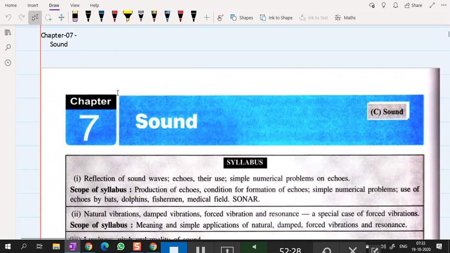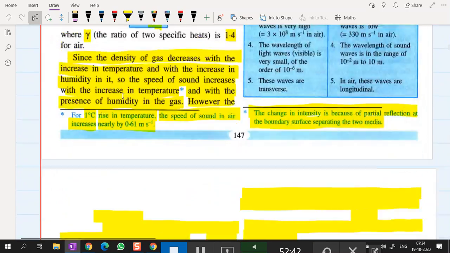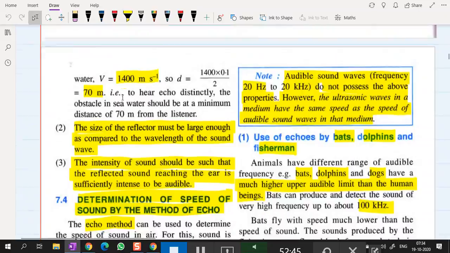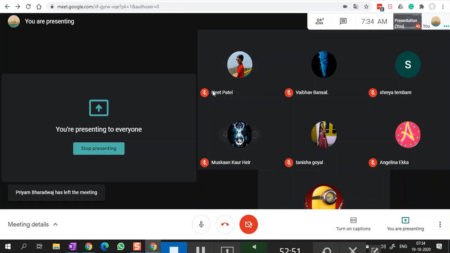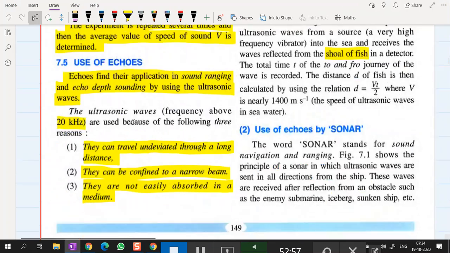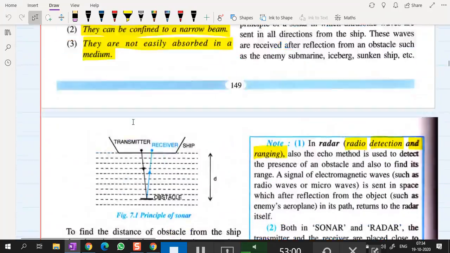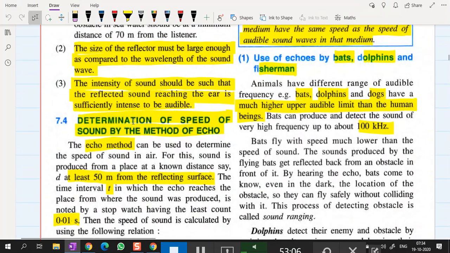Yes, sound. So I want to ask all of you, did you guys see the videos of the chapter sound? Tell me, is there any doubt in any part? The first part was very easy, it was kind of a repetition of class 9th.